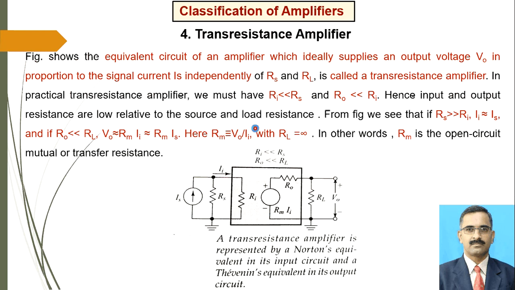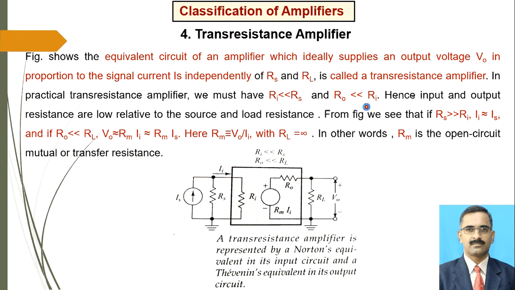This is the ratio of V0 upon Ii with RL infinite, that means Rm is the open circuit mutual or transfer resistance. Getting my point? That's why it is called the trans resistance amplifier. This is the difference, right?